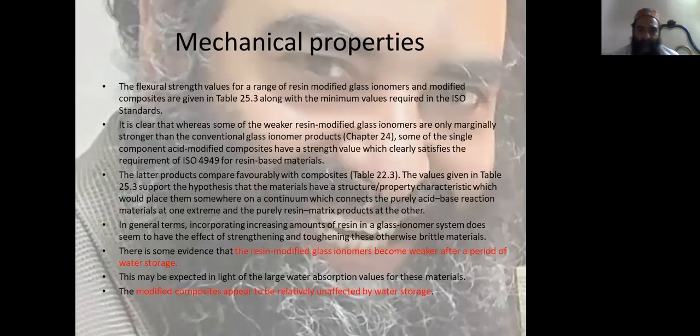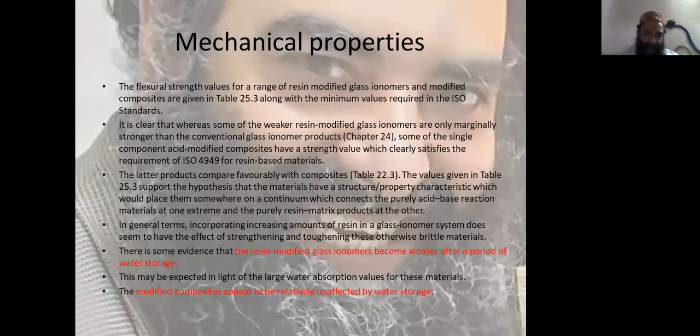Now the mechanical properties. Flexural strength values of a range of resin modified glass ionomers and modified composites are given in table 25.3, along with the minimum values required in the ISO standards. You can see there. If possible, I will show you.